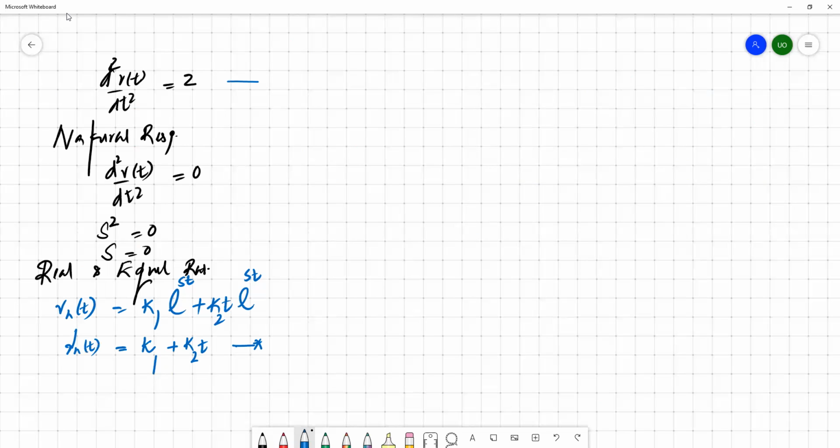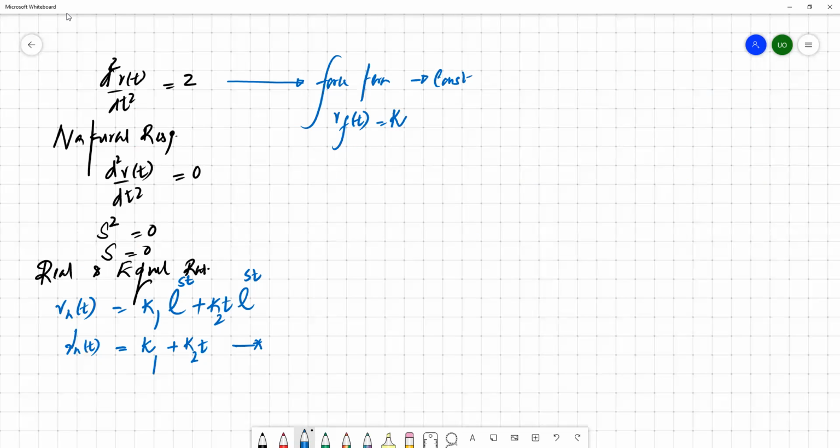Then we evaluate the forced response. Now this forced term is a constant, so we can propose our forced response v_f(t) as a constant k.